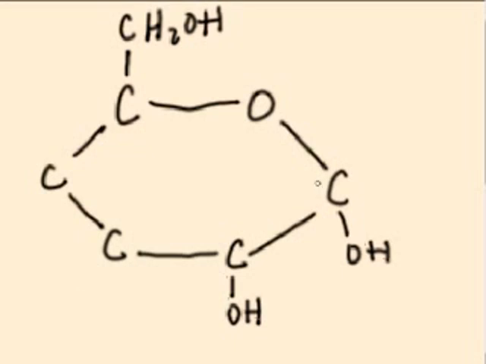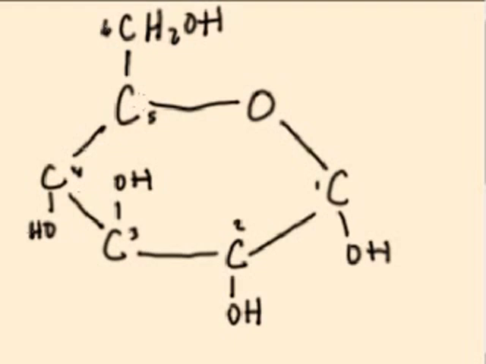So we can call this carbon 1. This is carbon 2. Carbon 3, the OH is going to go up. Carbon 4, the OH is going to go down. So this is 3, 4, carbon 5, and carbon 6.